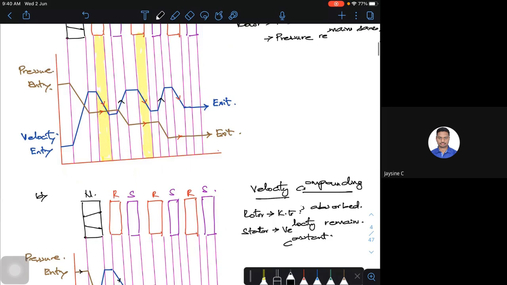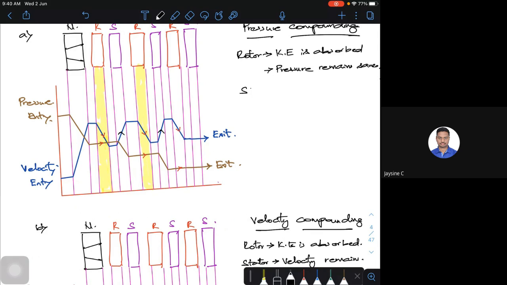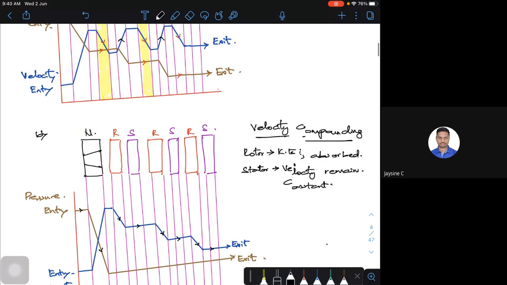If you look at the previous case, in the stator, the velocity increases. So velocity increases there. Here velocity remains constant.